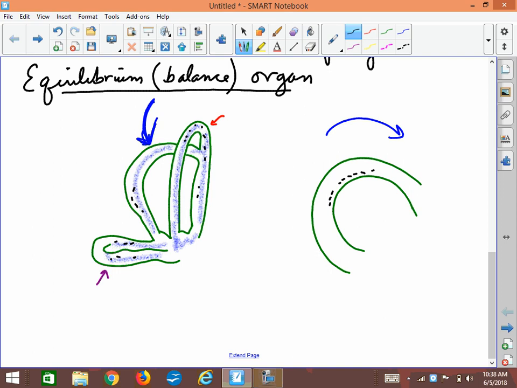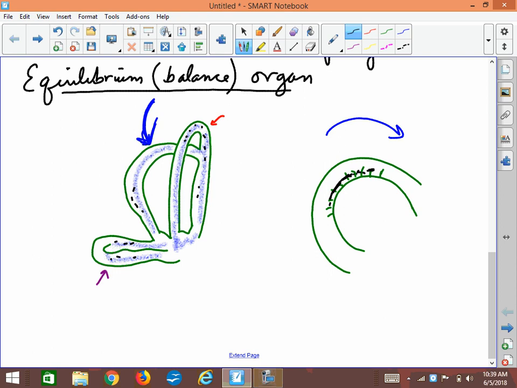And the movement of the fluid and those little rocks causes the hair cells inside here, I'll just draw little hairs, sort of the same kind of cells as in the cochlea, that's why it's all the same structure, but with a different job to do. These hair cells also wiggle and move, but it's the rocks that push and wiggle them around which tell us that our head has turned. So if you tilt your head, this kind of tilt on this picture would be like putting your head against one shoulder and then bobbing it over to the other shoulder, back and forth.